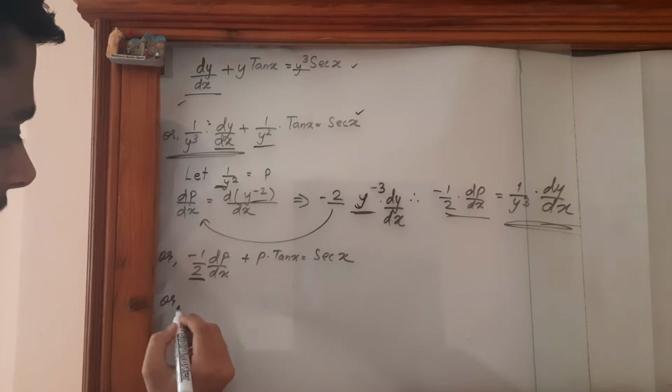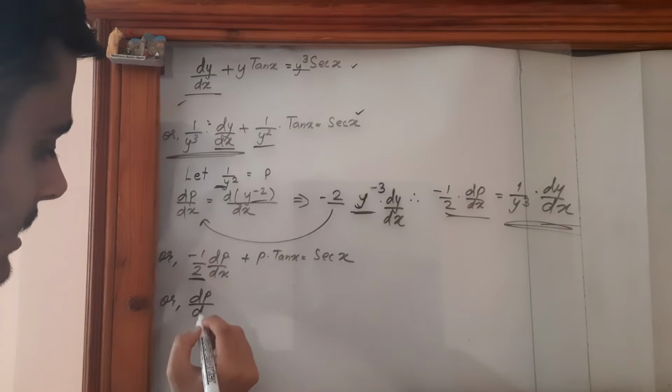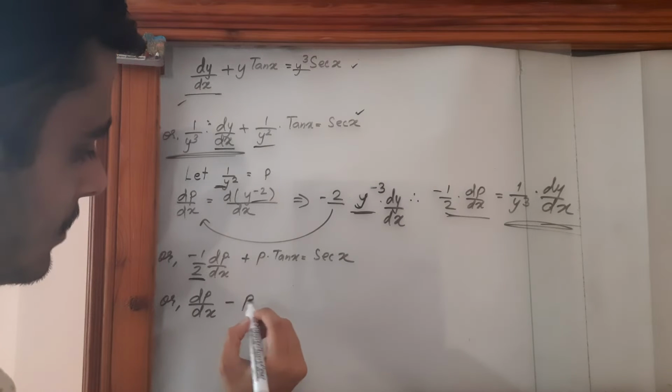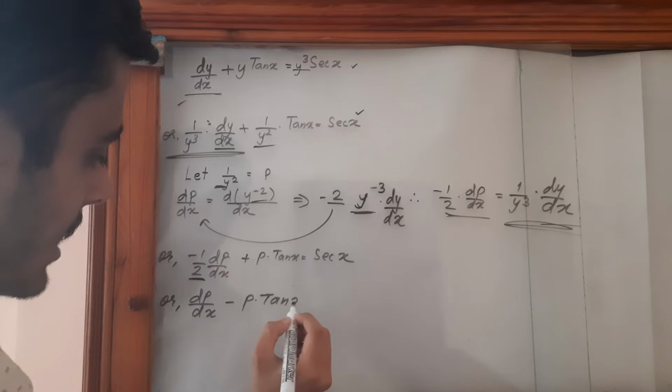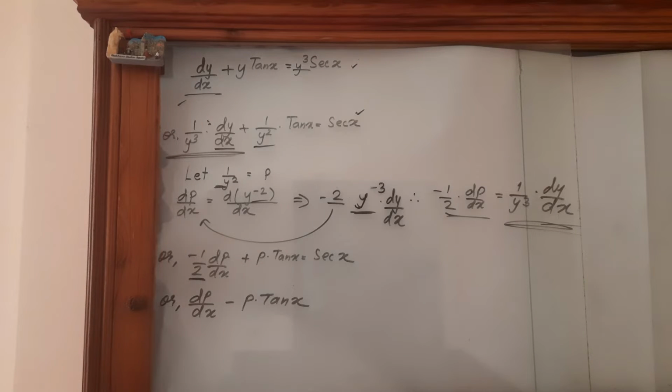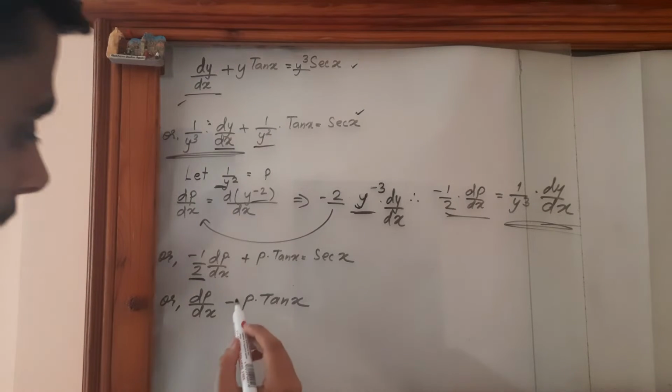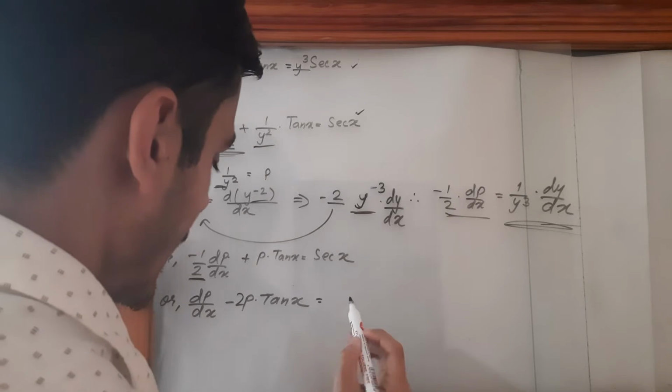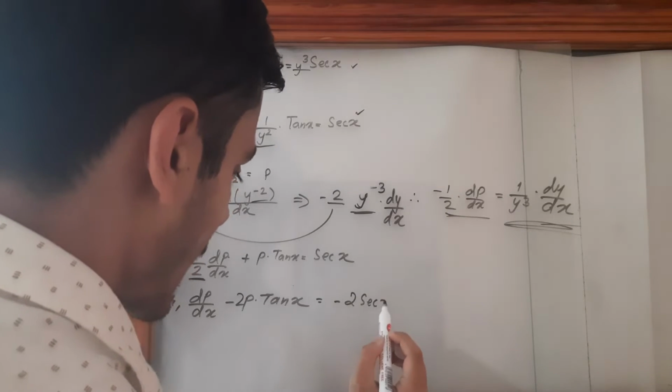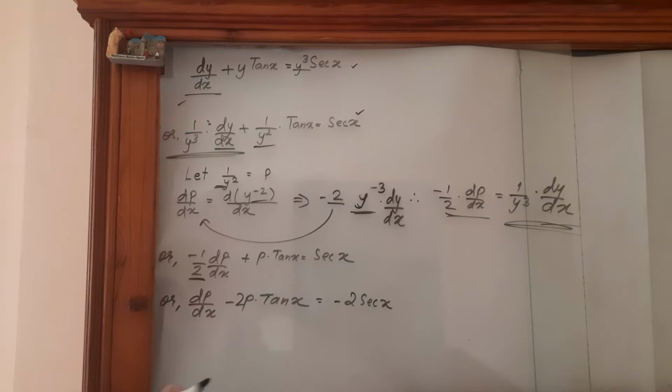So after that what we get is dp over dx minus p times tan x. Is this the way? No, it's not the way. 2 is missing, yeah. And minus 2 sec x. Now let's try to see if this is the standard form.